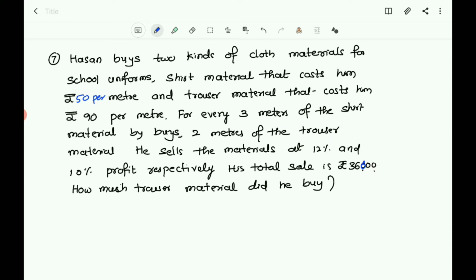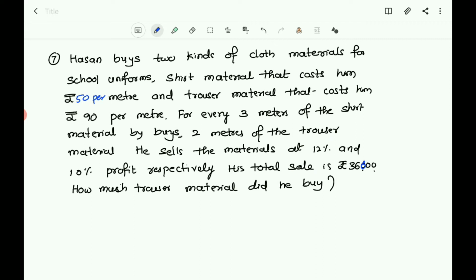He sells shirt material at 12% profit and trouser material at 10% profit, and his total sale is given. We have to find out how much trouser material he bought.